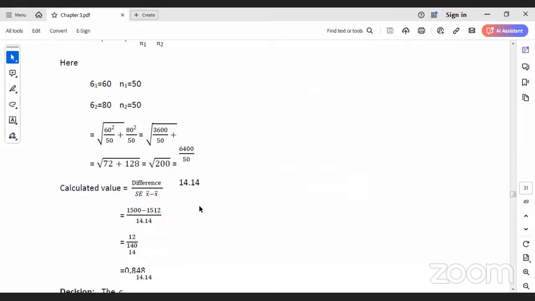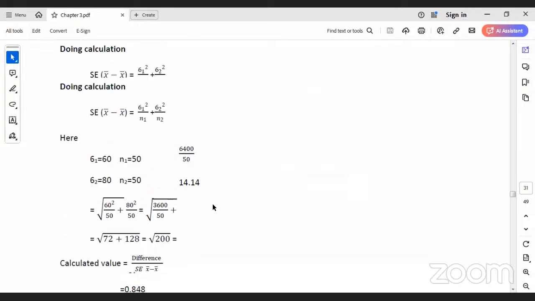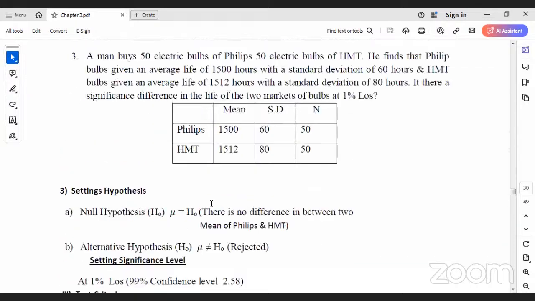So the calculated value is equal to the difference between the two means. Two means, here you observe carefully: this is the first value and the second value. Two means, 1500 minus 1512.